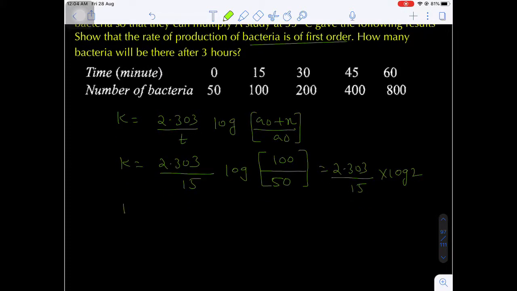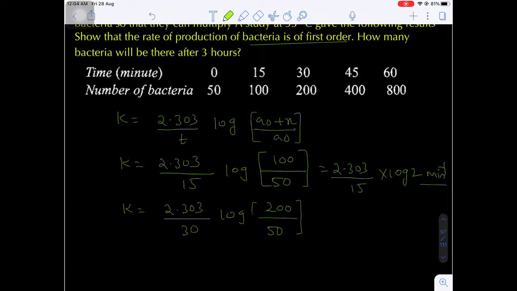Now one more piece of information from the given data. Now at 30 minutes I am calculating. The unit for the rate constant will be per minute. Logarithm of, now initial concentration a naught will be the same 50 bacteria, but at 30 minutes there are 200 bacteria.